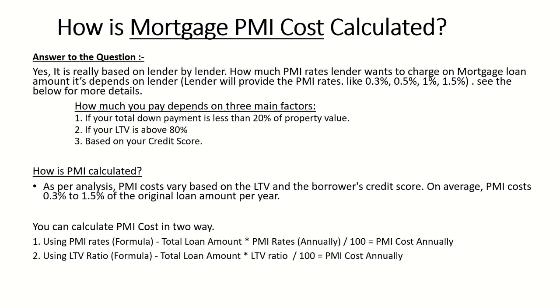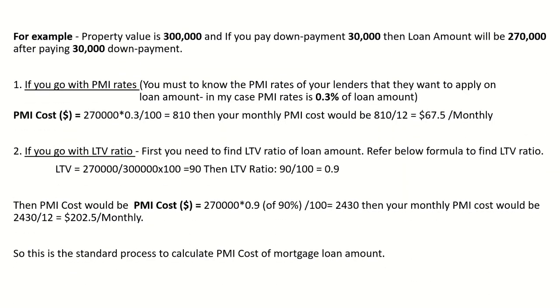You can calculate the LTV, and if LTV is above 80%, then you can charge PMI cost automatically. So let's see how to calculate PMI cost. For example, property value is 300,000 and if you pay a down payment of 30,000, then the loan amount will be 270,000.